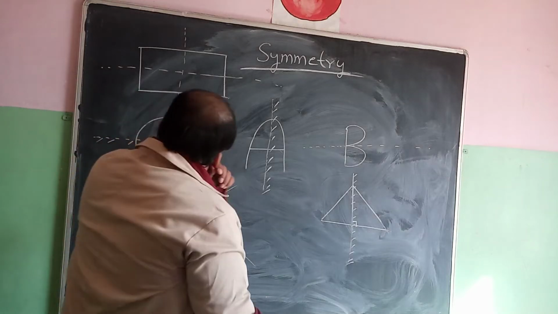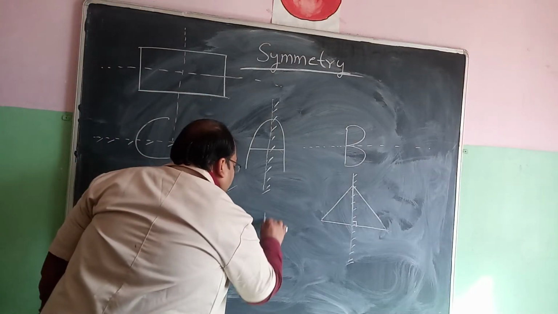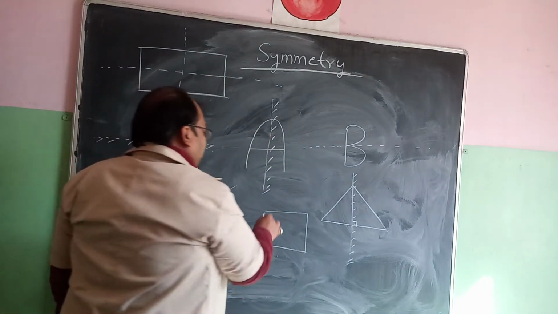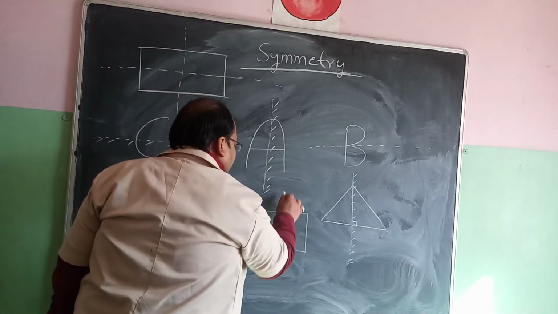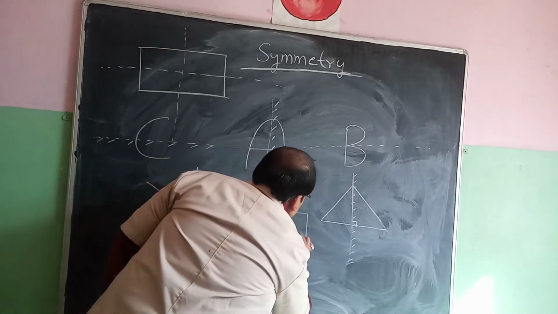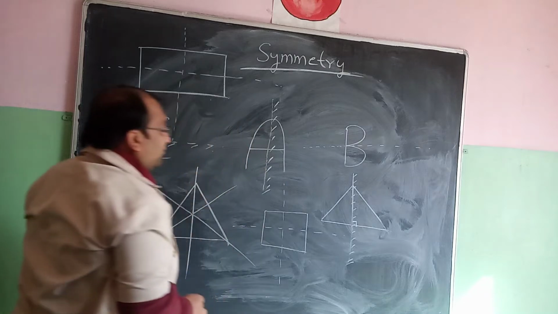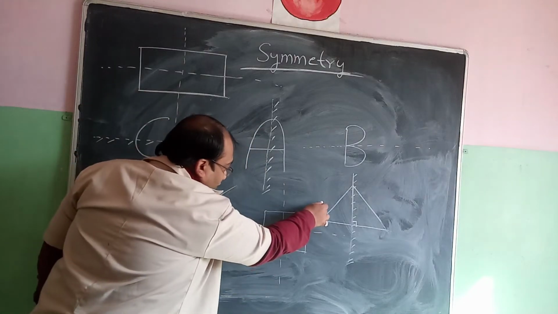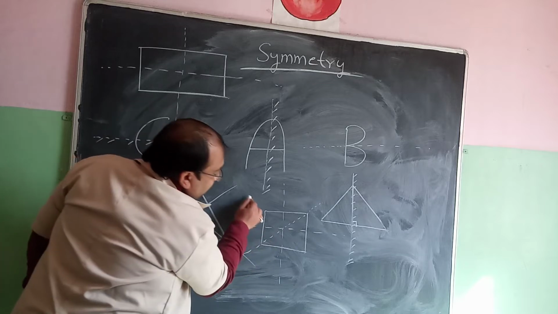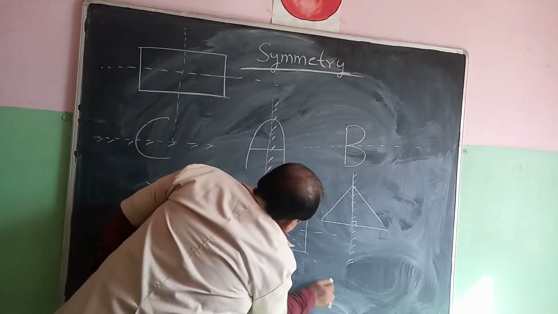If I say that there is a square, a square is a very symmetrical figure. There are four lines of symmetry: one vertical line of symmetry, one horizontal line of symmetry, and the remaining two are along the diagonals.